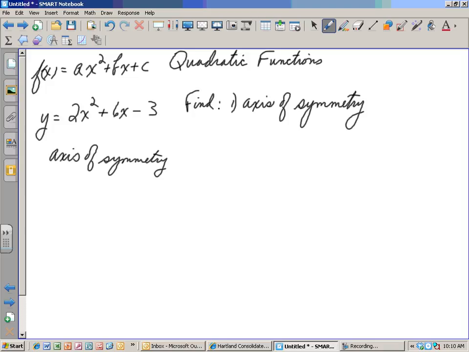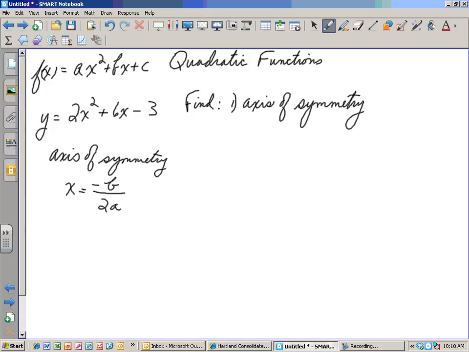We know it's going to open upwards because of the positive 2. We know it's going to be down 3 units. But to find that line where it cuts that parabola right in half, it is x is equal to the opposite of whatever the b is over 2 times a.